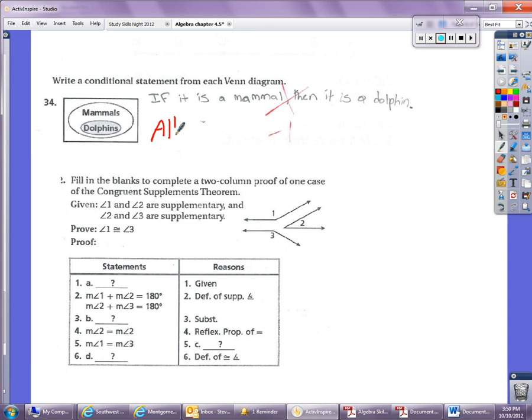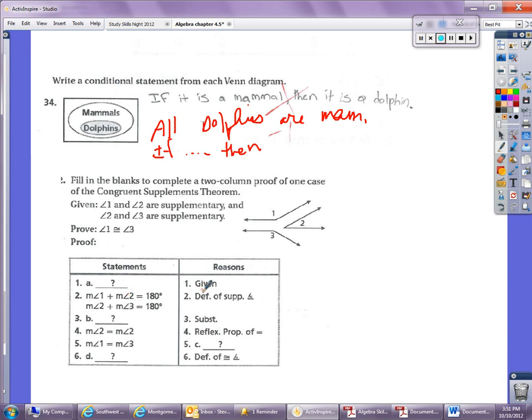So one thing you could have said was all dolphins are mammals. You could have also said if you are a dolphin, then you are a mammal. But the fact of the matter is that the dolphins would be the if part, because then you would know you have to be a mammal, because every dolphin is contained in the mammal circle.